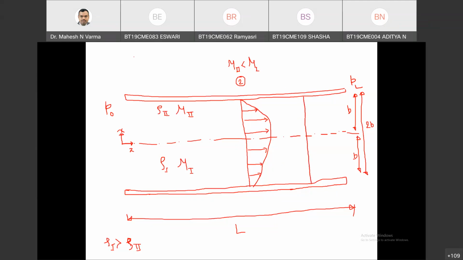Will the upper part be positive or the lower part?